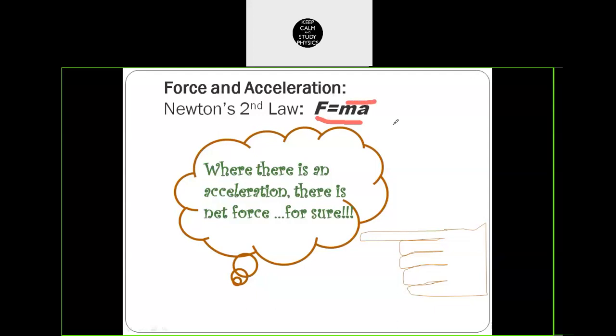Here I just want to clarify one statement. Here it is saying that where there is an acceleration, there is a net force. Is it true that if there is an acceleration, there is a net force?